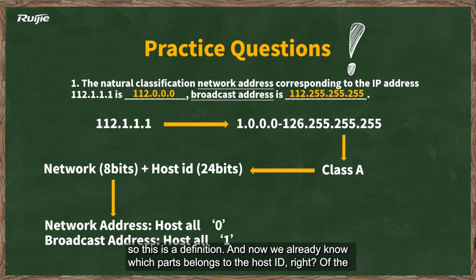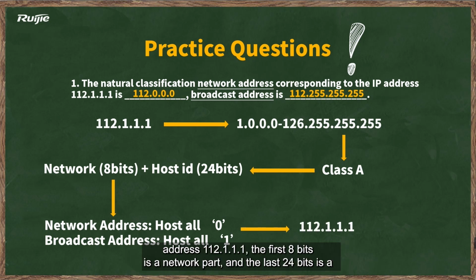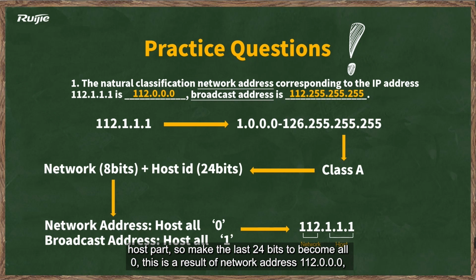And now we already know which part belongs to the host ID, right? Of the address 112.1.1, the first 8 bits is the network part, and the last 24 bits is the host part. So make the last 24 bits become all 0.